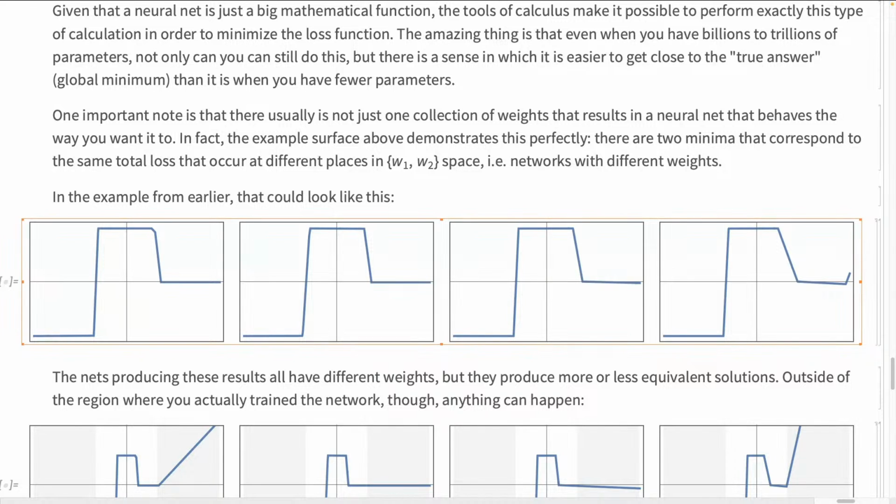And then there's one quick question about the training process. Will it always hit a global minimum in the loss?